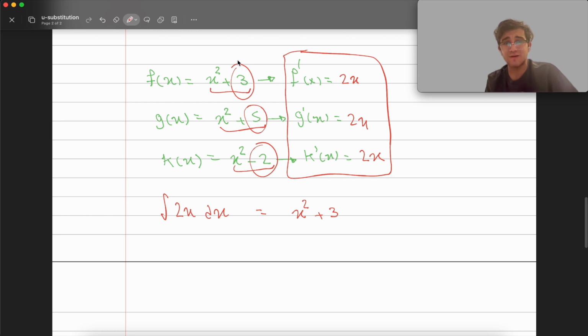So we need a constant number here. Instead of leaving it empty, I put plus c, and this c could be any number. It can be 0, it can be a negative number, it can be a positive number. So this is the idea about using a constant c in evaluating integrals.